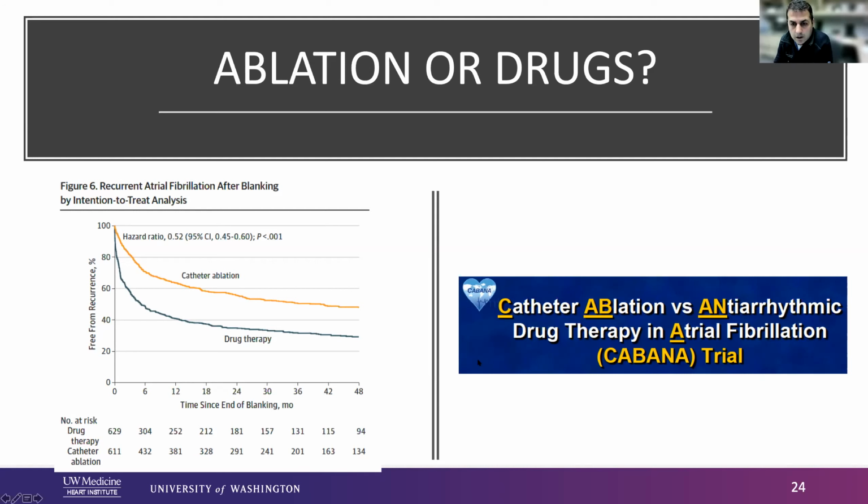So in terms of efficacy in treating the arrhythmia, ablation gives you a much better chance. But it doesn't mean that ablation is for everybody. It's just that, comparatively, it does a lot better than using these antiarrhythmic drugs.